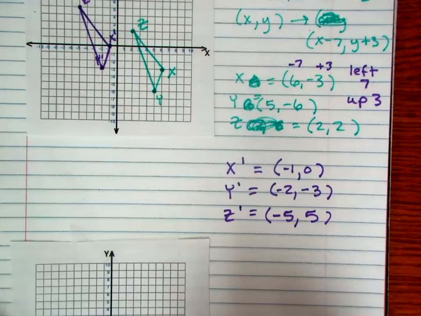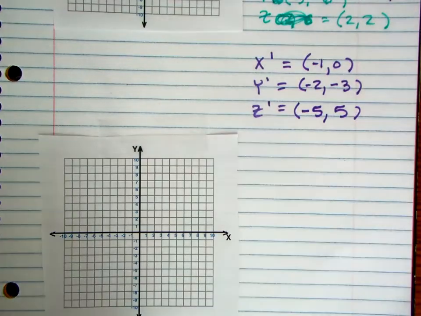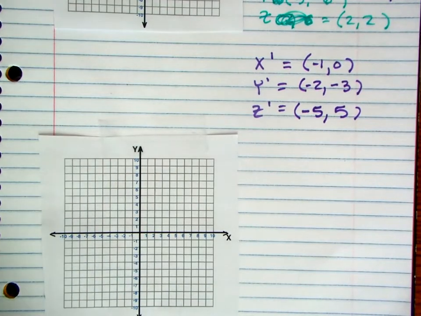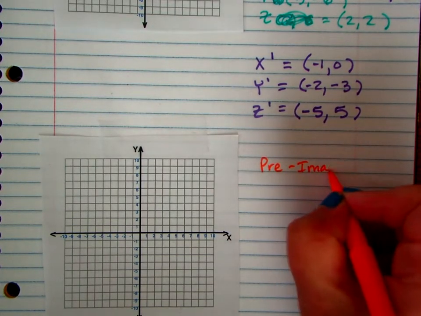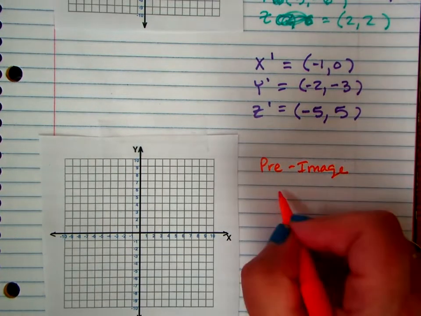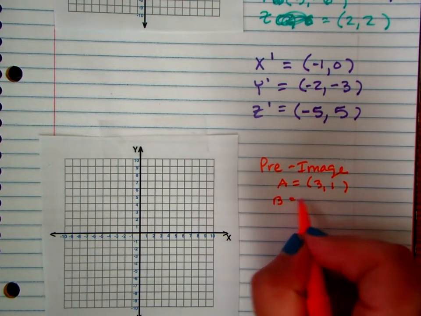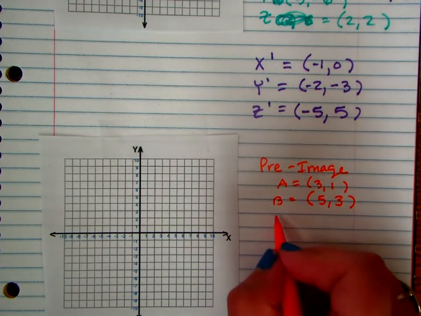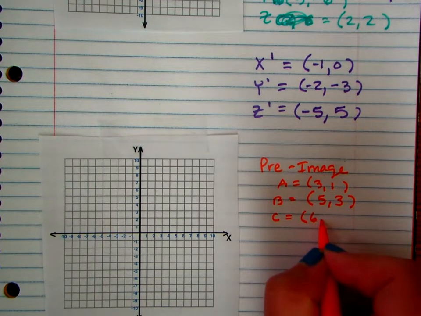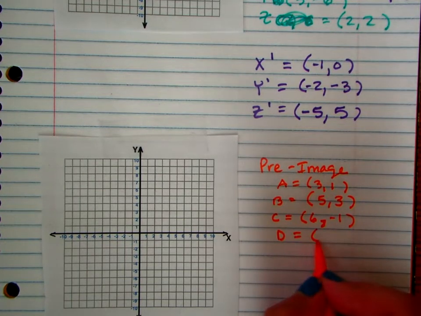So in this one here, I'm going to give you the pre-image and the image. So the pre-image is going to be in orange. Okay, so we have A, which is going to be 3, 1, B, which is going to be 5, 3, C, which is going to be 6, comma, negative 1, and then D, which is going to be 8, 1.